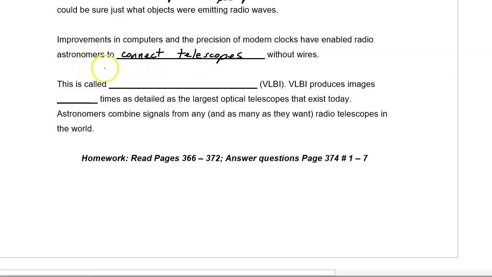And what that does is it creates very long baseline interferometry. And these produce images that are hundreds of times more detailed.